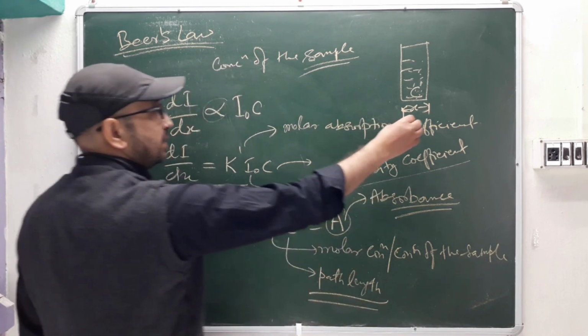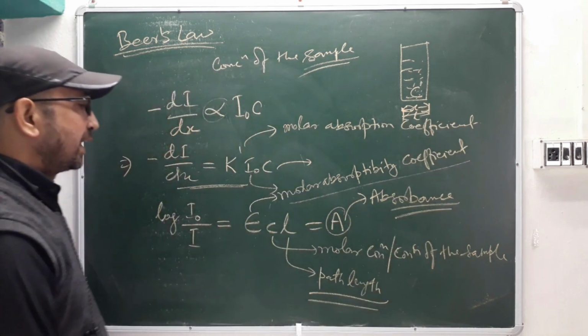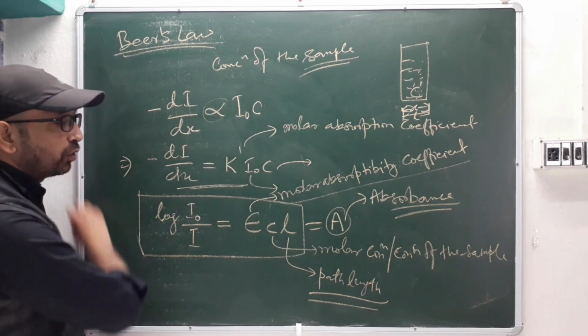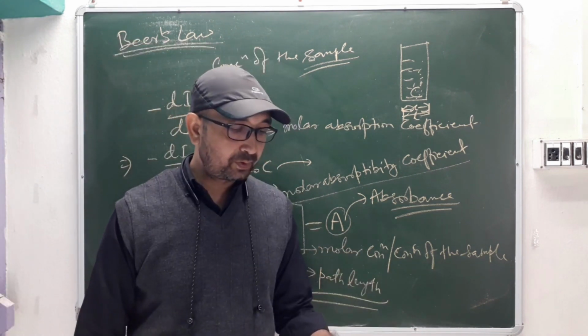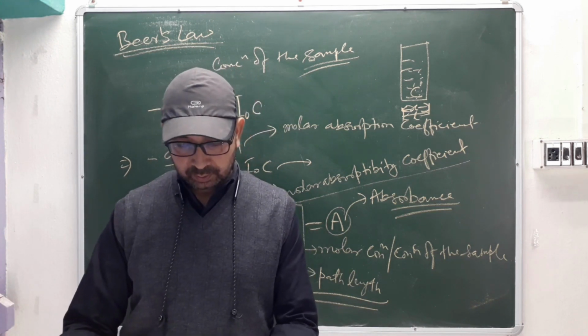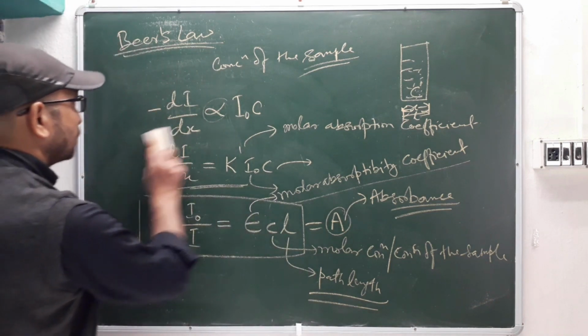Instead of x they are writing L. So L is the path length. With this formula you will be calculating all your absorbance problems. Here we have one problem from a PYQ, question number 53 from 2021. With this formula only we are solving.